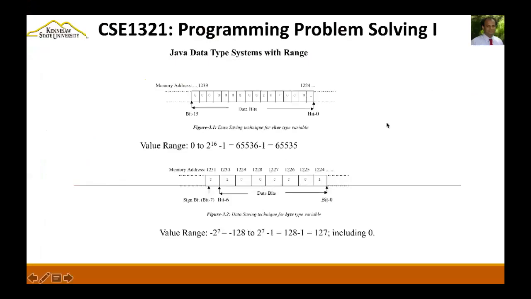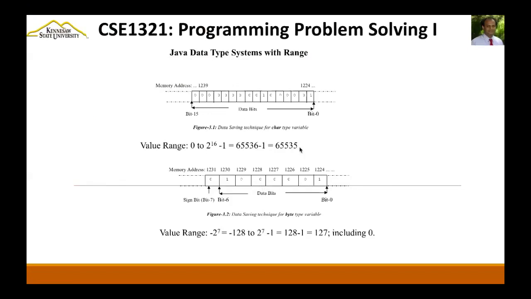Okay, I fixed it. For character type, we will have 0 to 65535, because there is no sign bit. And regarding the ASCII code and Unicode system: the initial ASCII codes are 8 bits, to store values 0 to 127.